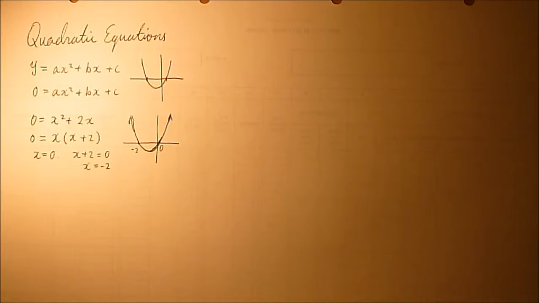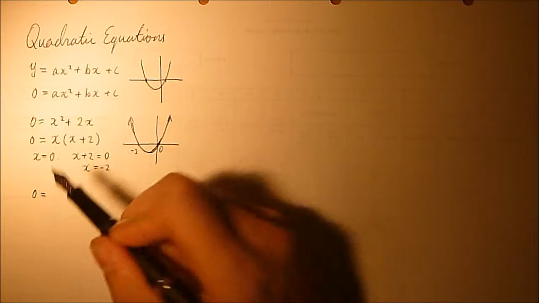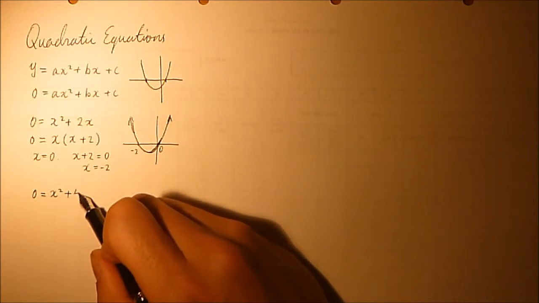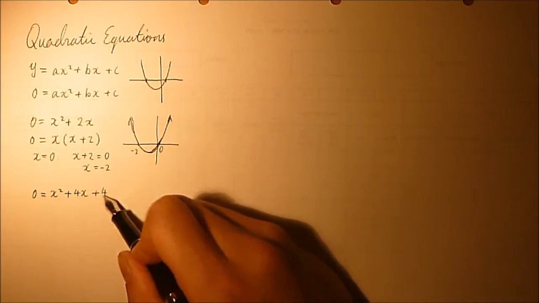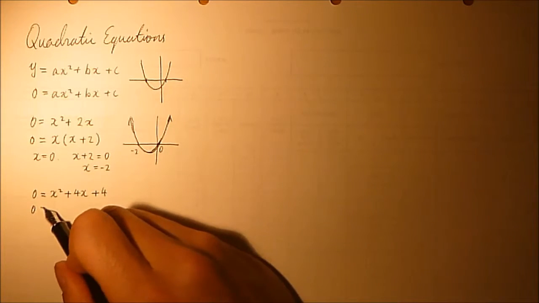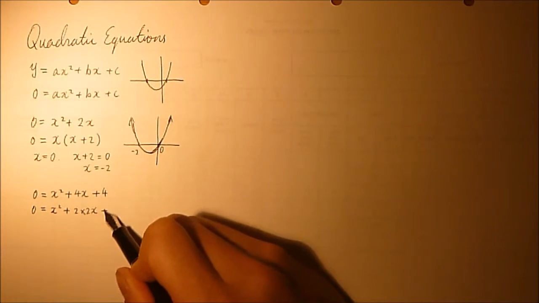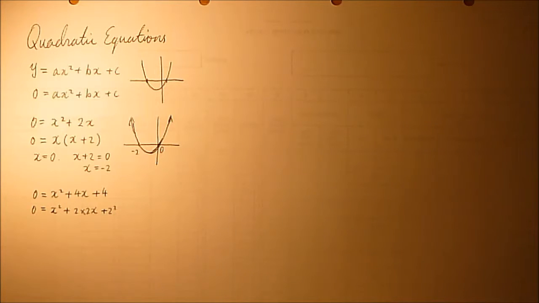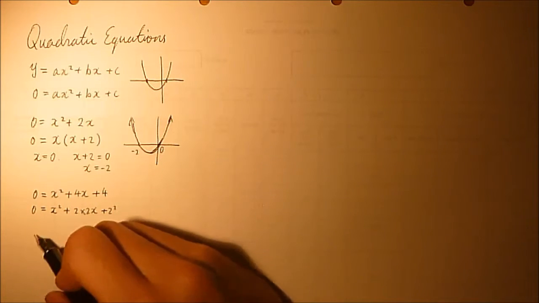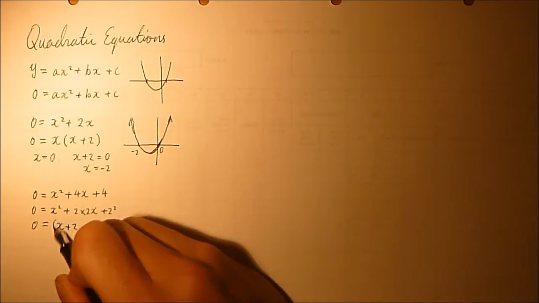Now let's have another example, a more special one. Let's have 0 equals x squared plus 4x plus 4. If you're familiar with your quadratic trinomials, you will realize that this is in fact a perfect square. So we have x squared plus 2 times 2x plus 2 squared, which means it can be factorized into the form 0 equals x plus 2 squared.